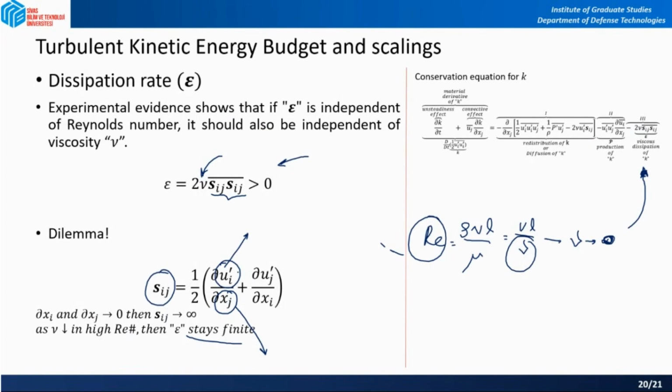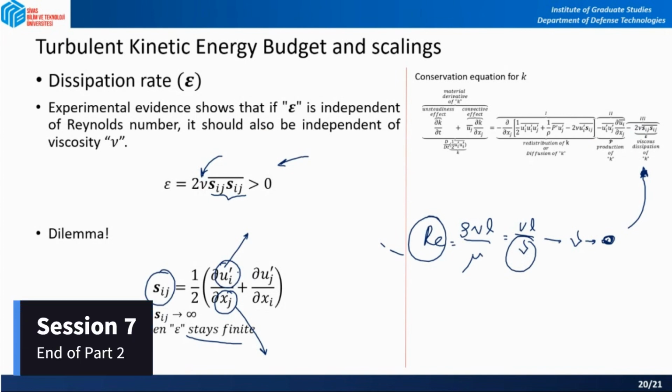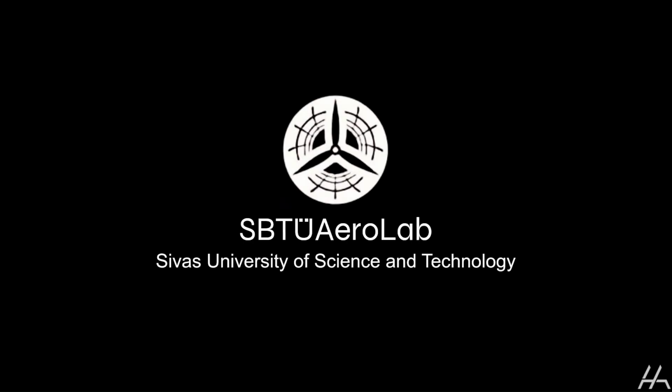This is actually what Kolmogorov found out about the scales, and they call it the Kolmogorov length scale. And we will see it next week, the Kolmogorov length scale and related materials.